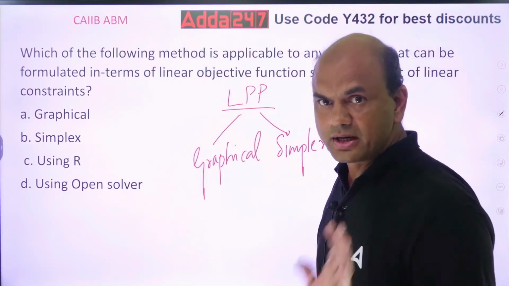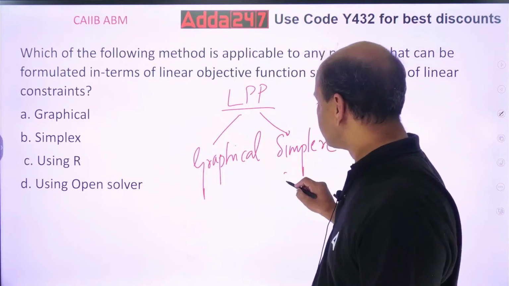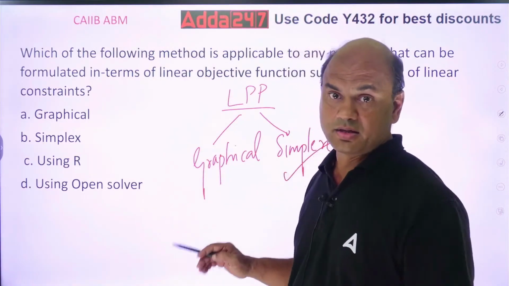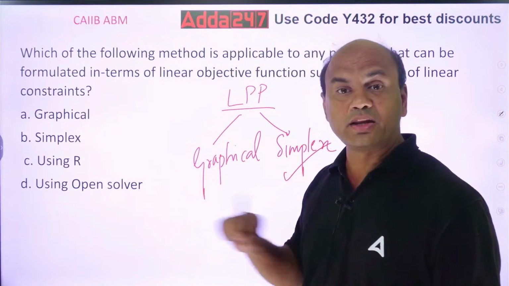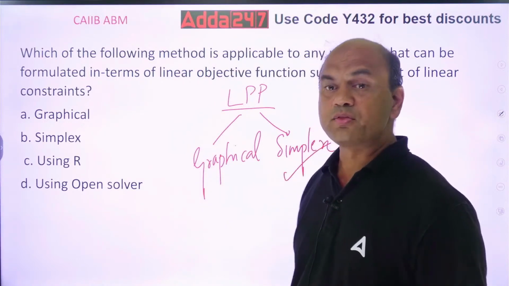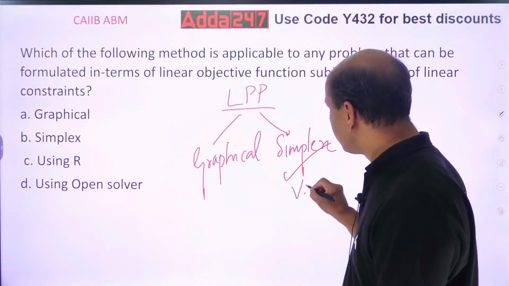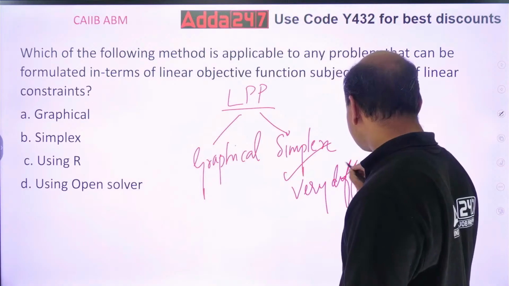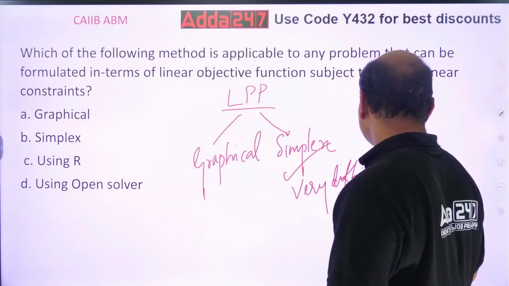Kindly remember, simplex method can be used for any of the LPP. But kindly remember one important point: it is very difficult. In your exam, you do not get a numerical on simplex.